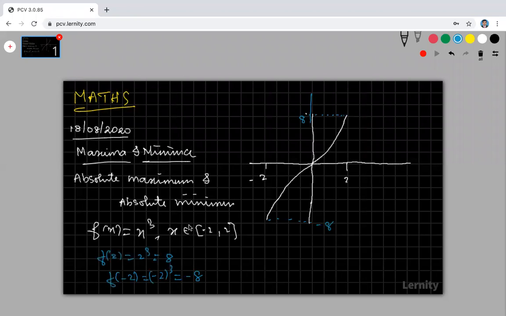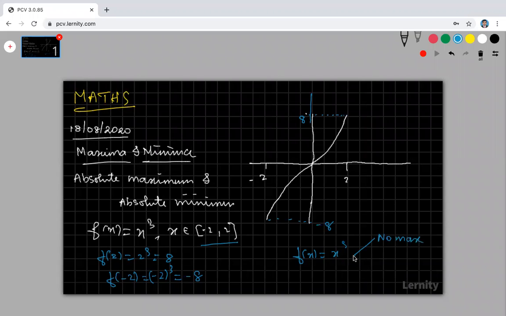But suppose this interval is not given, what is the maximum value and minimum value of x cube? Dear students, look at that. What is the maximum value and minimum value for this f of x equal to x cube? There is no maximum and no minimum.